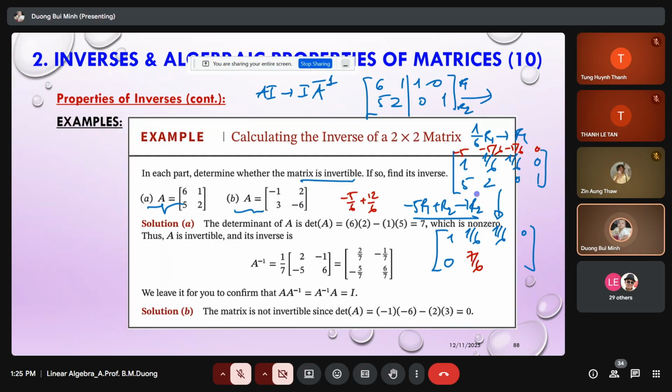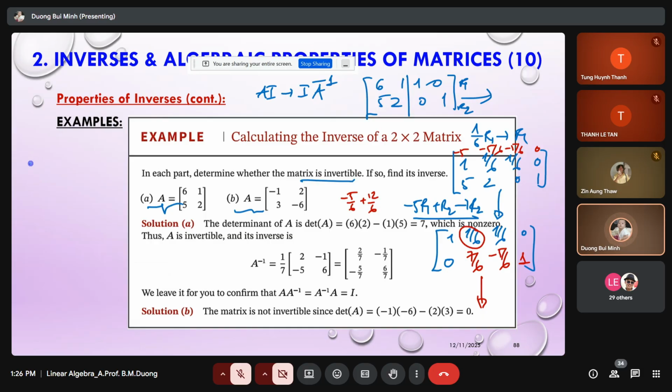If I have some mistakes, please remind me. And here is minus 5 over 6 plus 0, so you get minus 5 over 6, and this one is 1. Then we need to modify this entry to become 0, so here it must be 1.